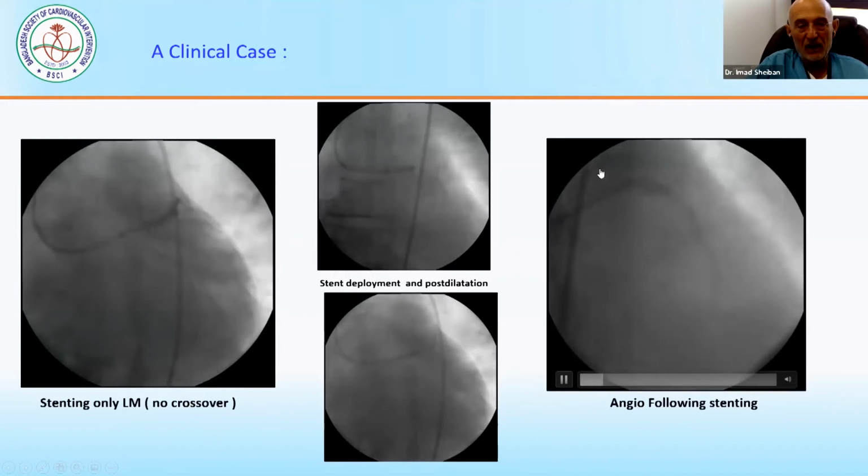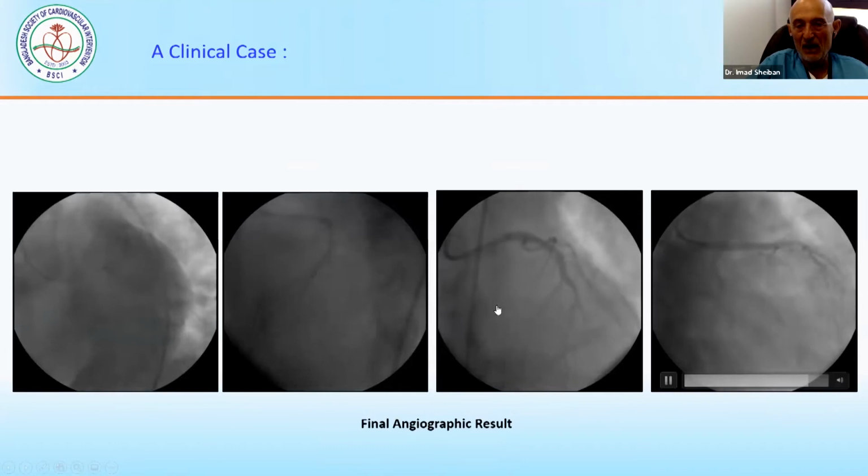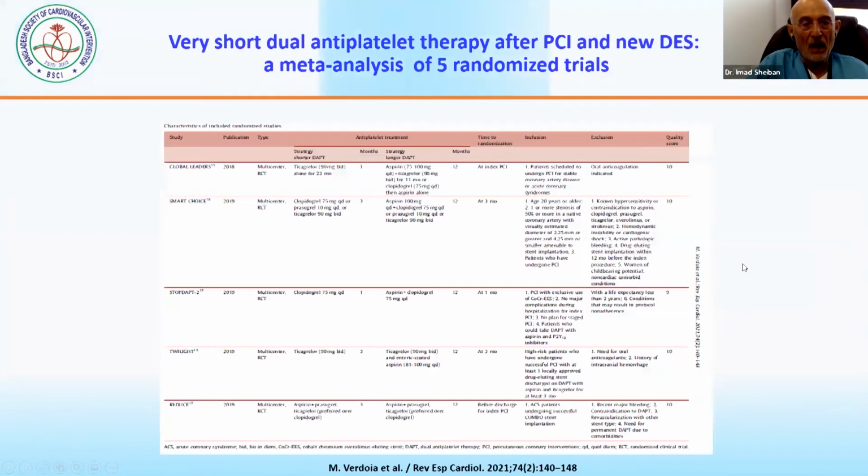And you can see a very, very good final result with fully expanded stents in left main and LAD, as well as the distal left main bifurcation. Then optimization should be done, and this is the final result.